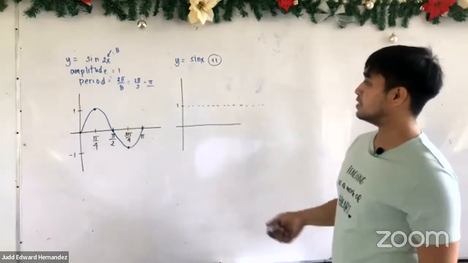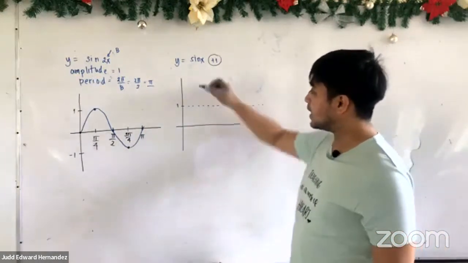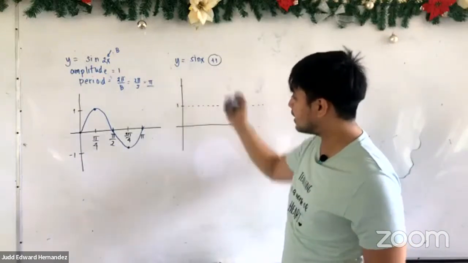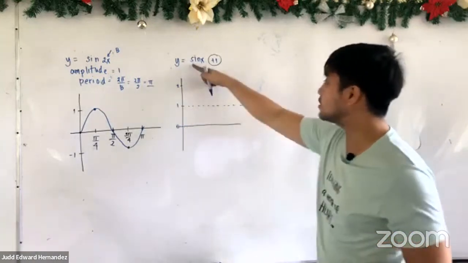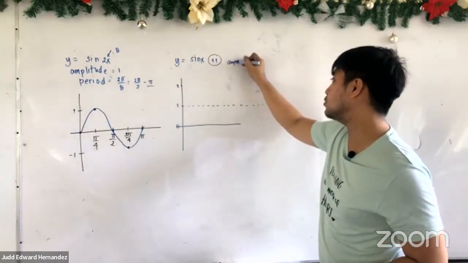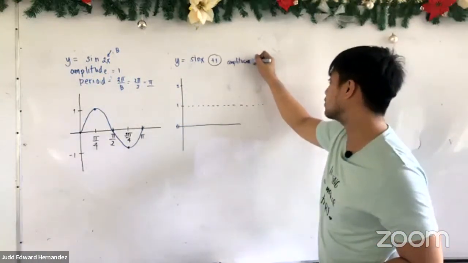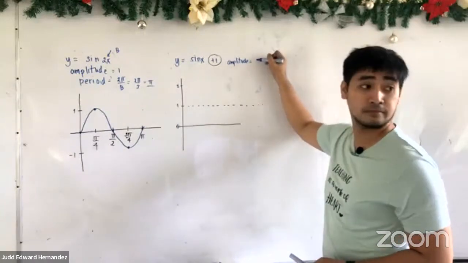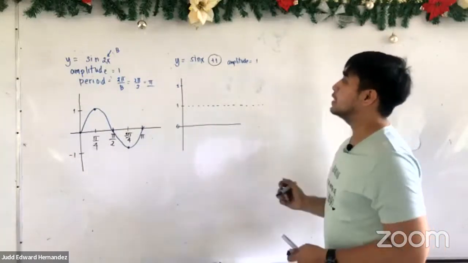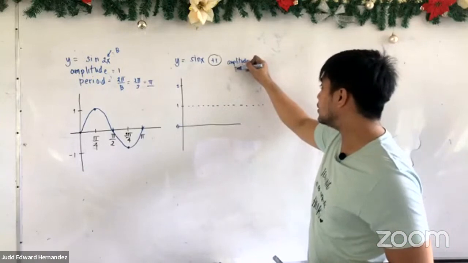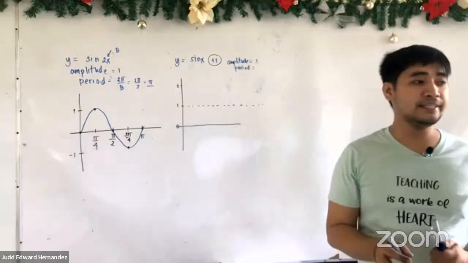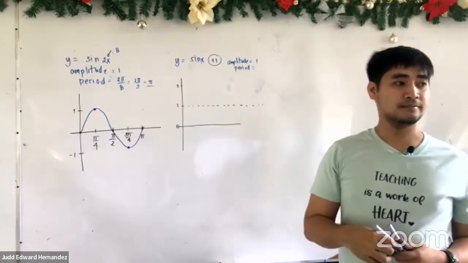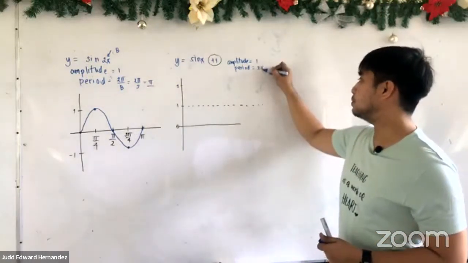So if that is our middle line, ibig sabihin, aangat siya ng isa at bababa siya ng isa, since our amplitude is equal to 1. And our period, magbabago ba yung period natin? Hindi po. 2 pi po.